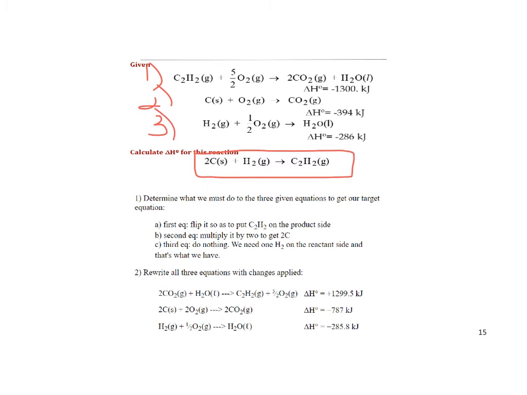The first thing I look for is whether the reactants and products are on the correct side. I see right away that I want C2H2 as a product. In this first given reaction, it's on the reactant side. So I know that I need to flip, I'm just going to say reverse that reaction.